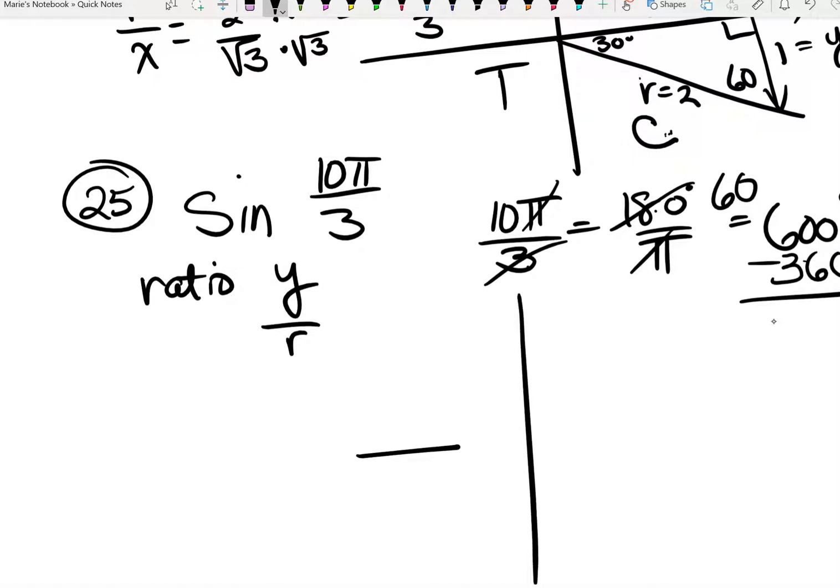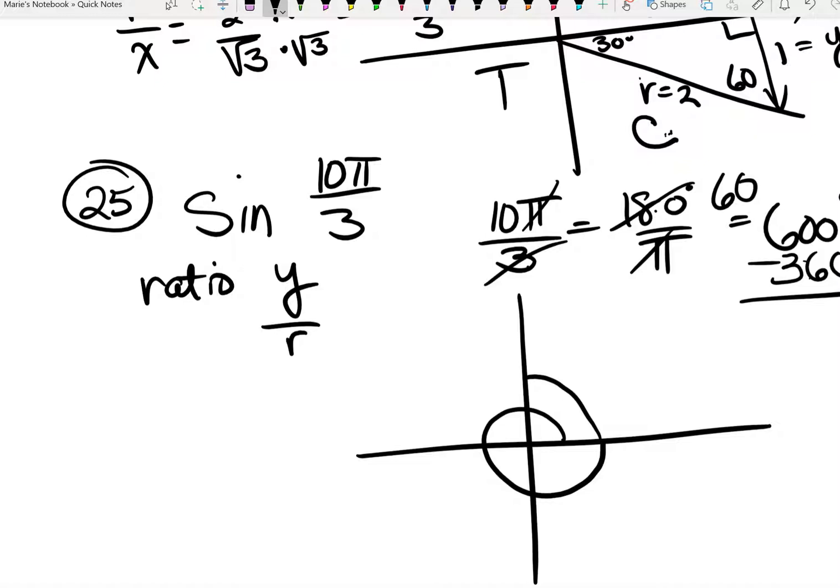So if we're looking at the diagram, we're starting one round of 360, another round at 90. So if I look at 360 and I look at 90, I'm down another quarter of a turn. And then I'm going to do that yet again, another 180. So it's just over that.